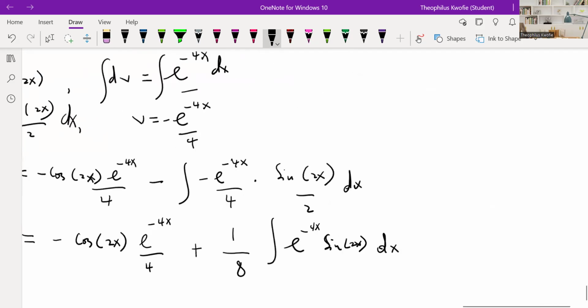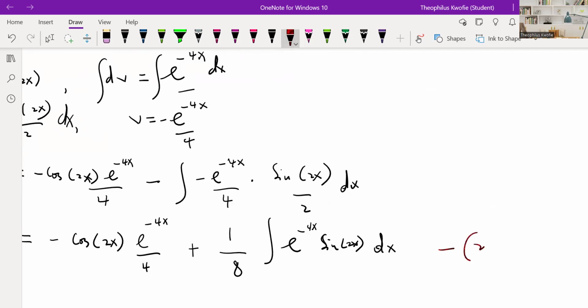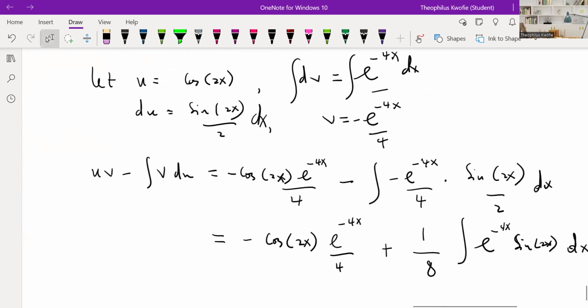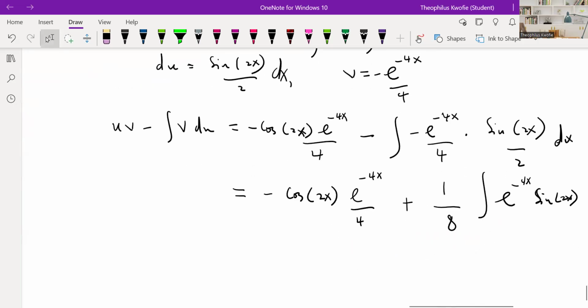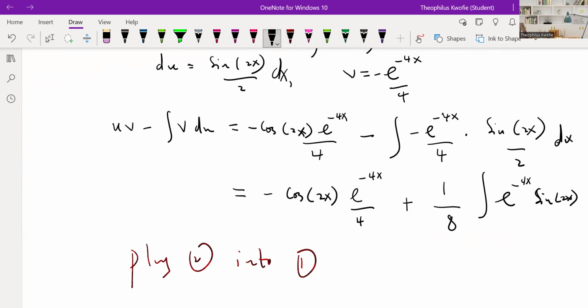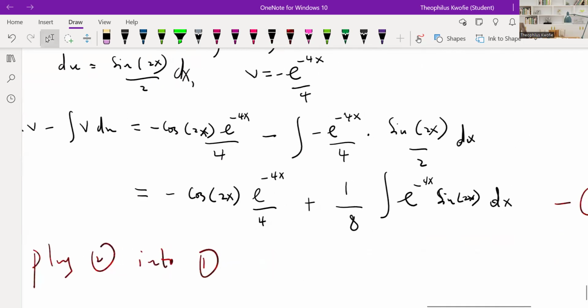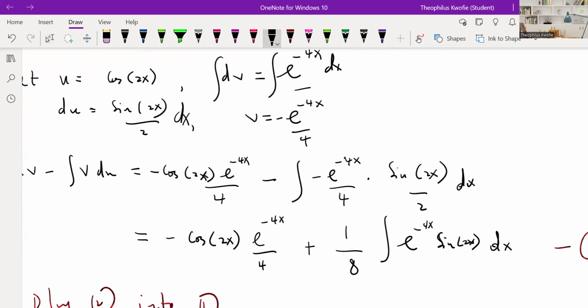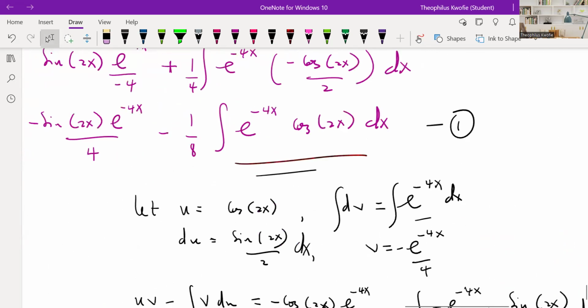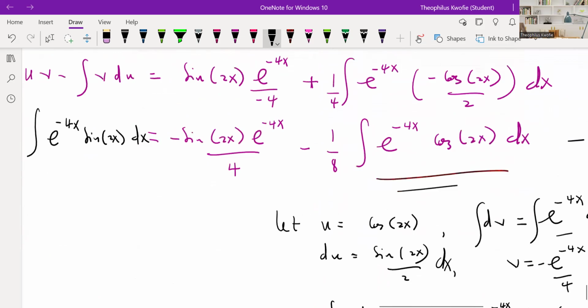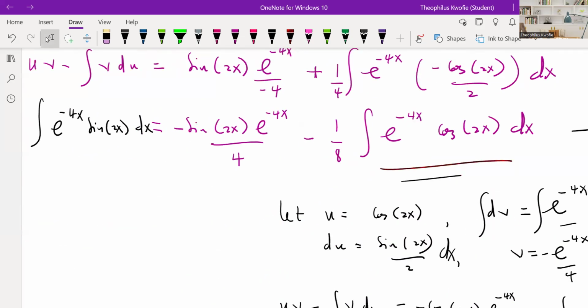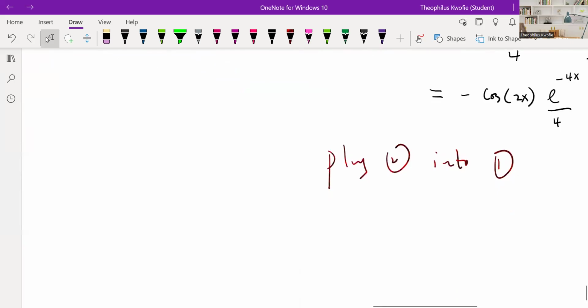So now what happened? Now let's call this one equation 2. What is going to happen is that we are going to plug equation 2 into equation 1, okay? Remember that our equation 1 was this. So I'll just write down equation 1.